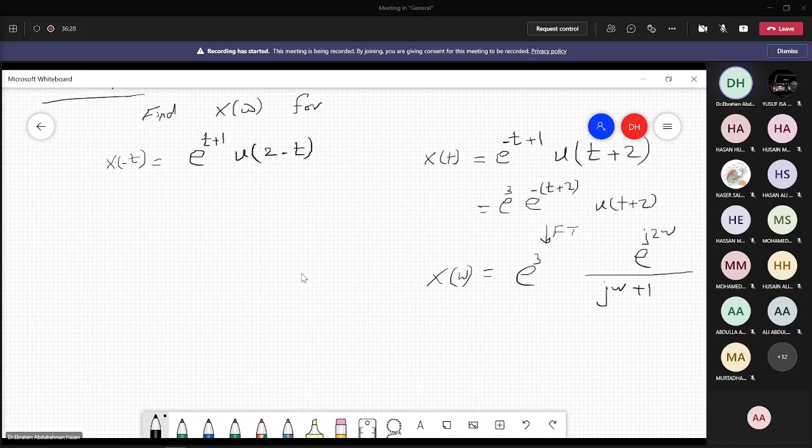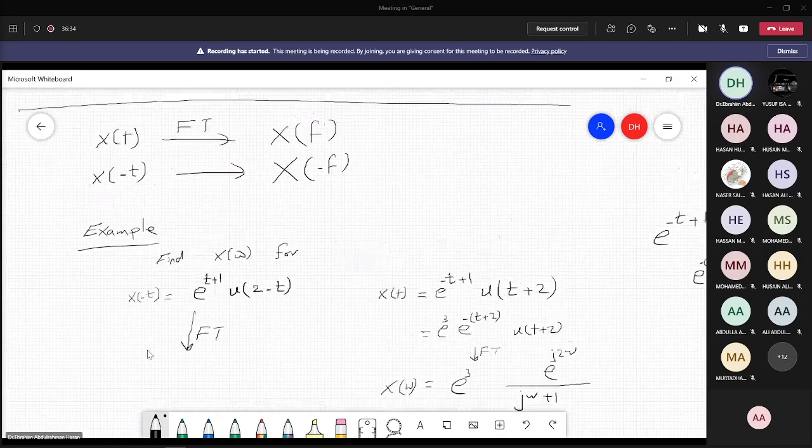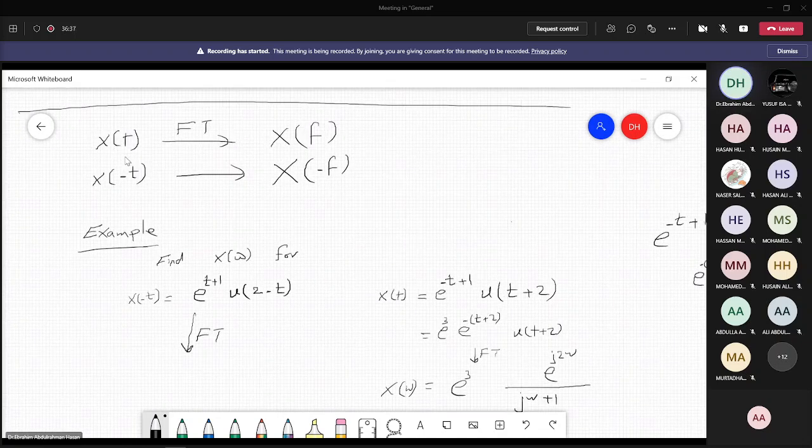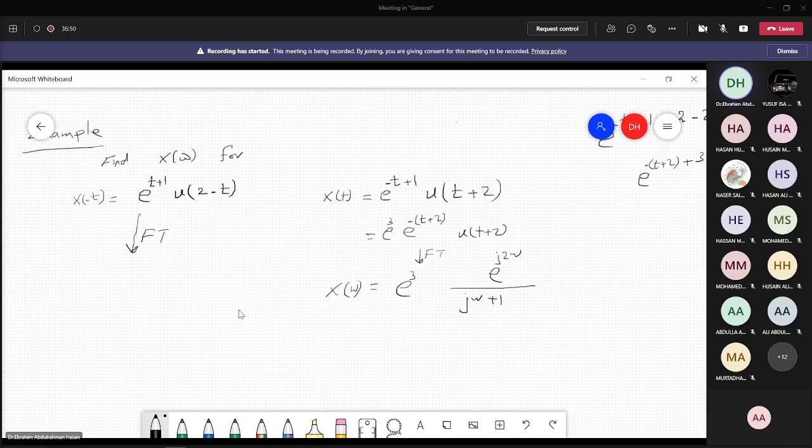So then what is the Fourier transform for this one? As we said, if for x of t we get X of f, then for x of minus t we have X of minus f. So wherever we have f or omega, just replace it with minus omega.